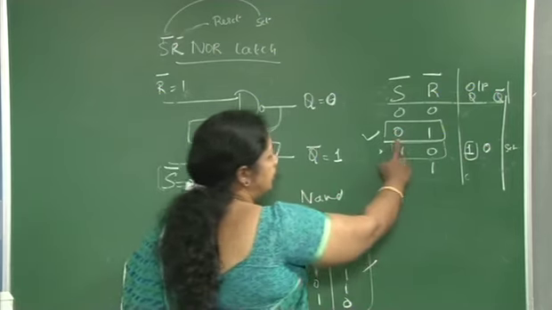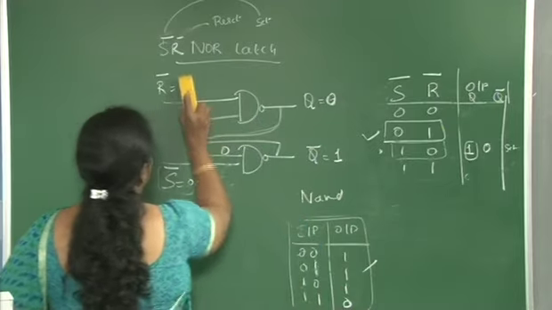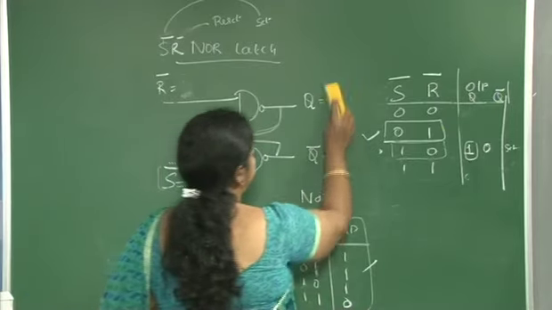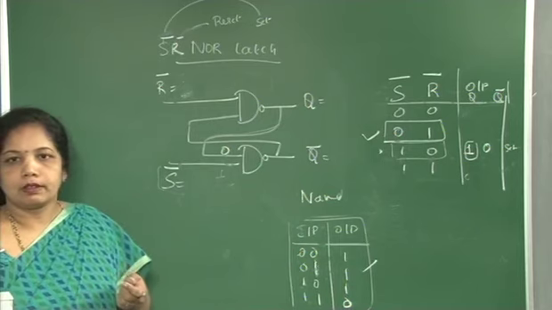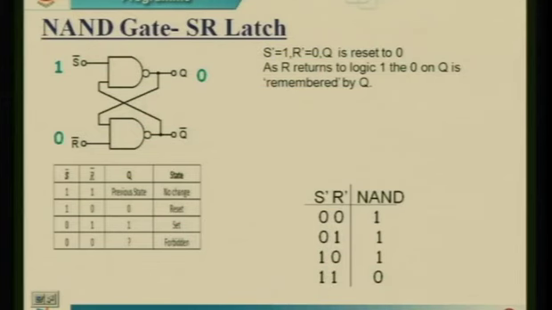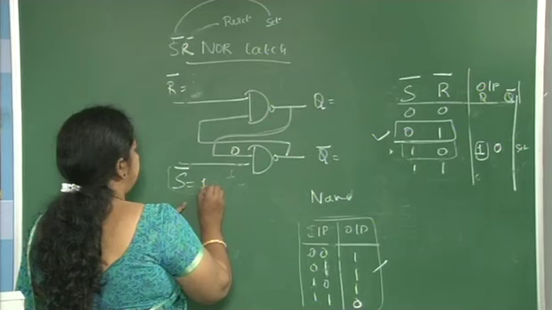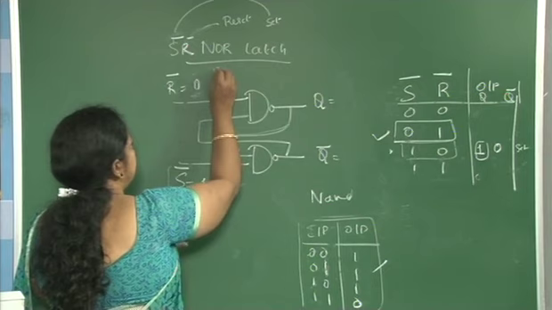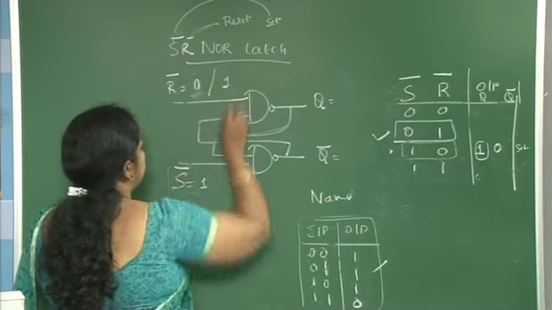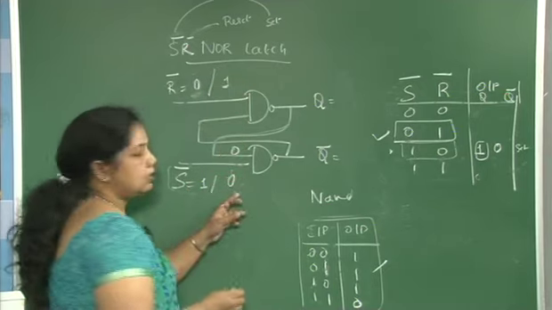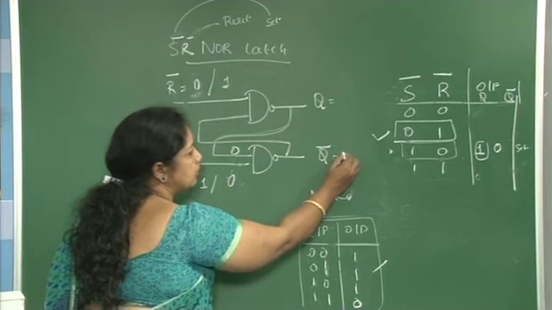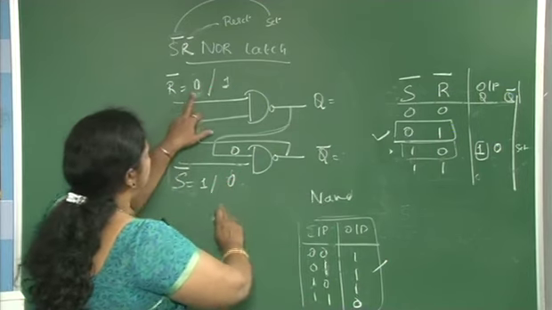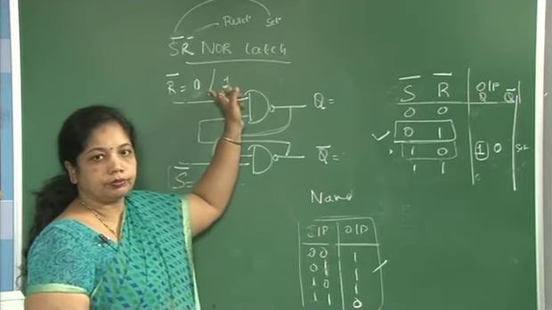Similarly, here logic 1 is applied here and logic 0 is applied here. The complement is nothing but this will be 1 and this will be 0. Any one of the inputs being 0 gives my output 1. Here it is reverse.